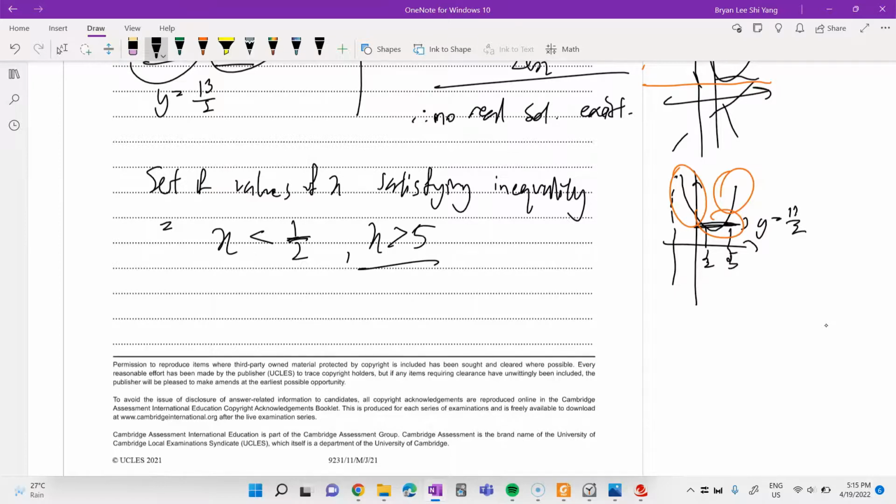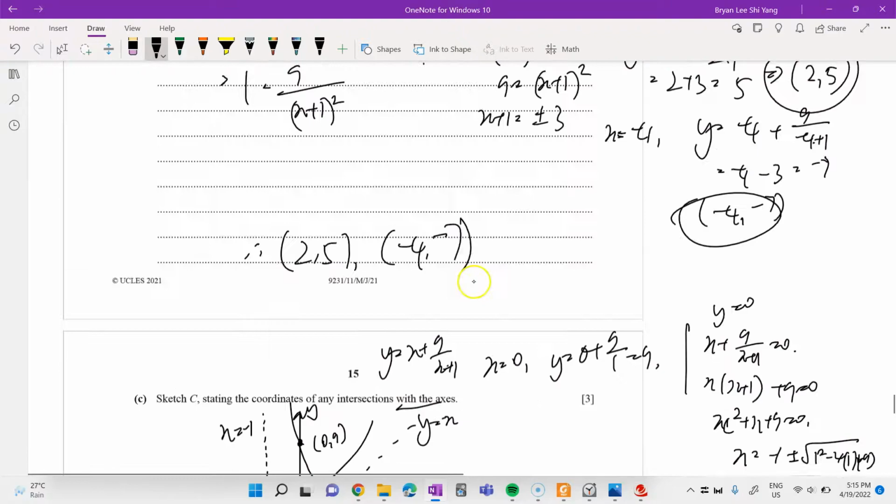So something like this. I don't know if A-level accepts this set notation. I'm not really sure. So these would be the values, and then yeah, this part is done.